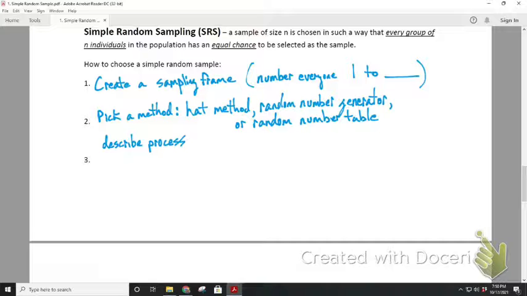I say something along the lines of people or observations, maybe subjects that correspond to numbers drawn are in the sample.